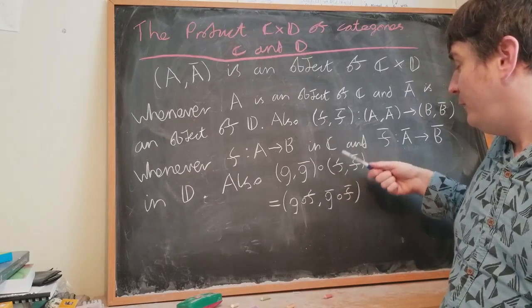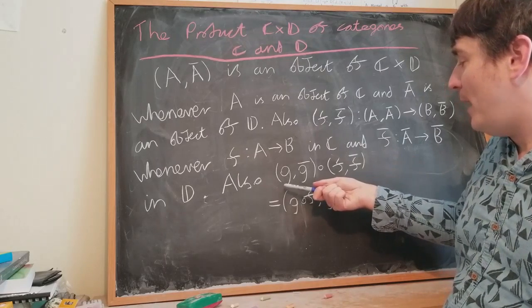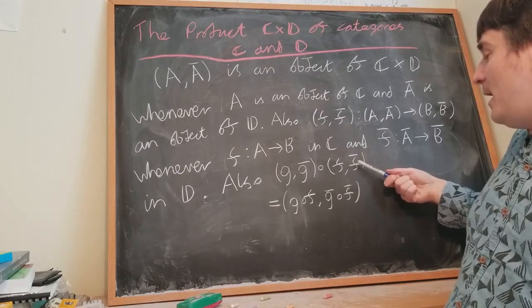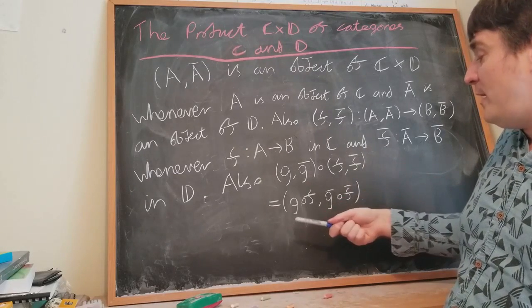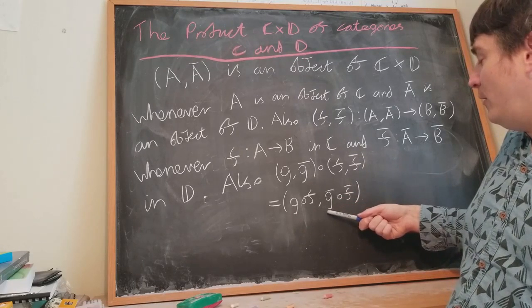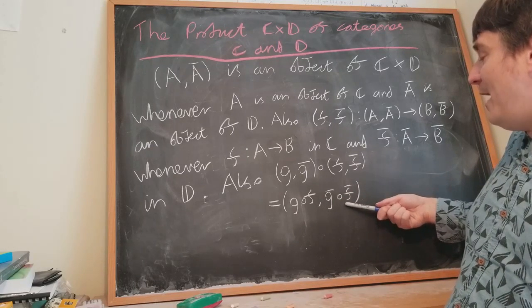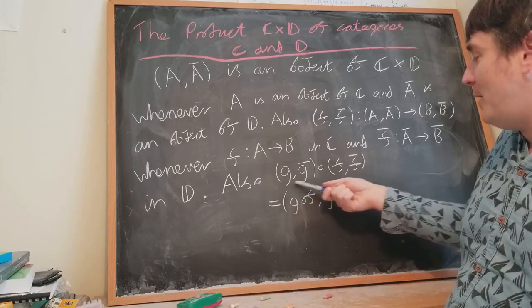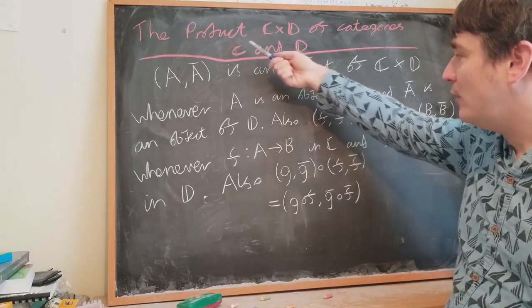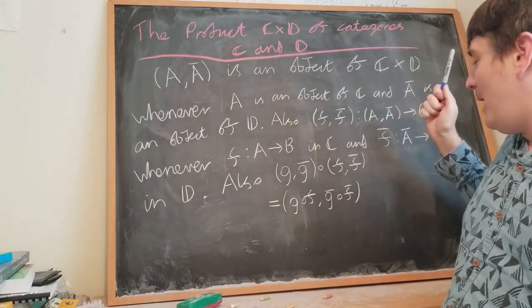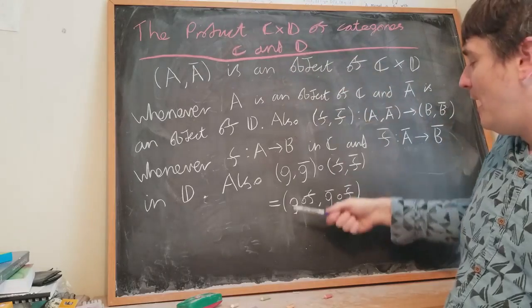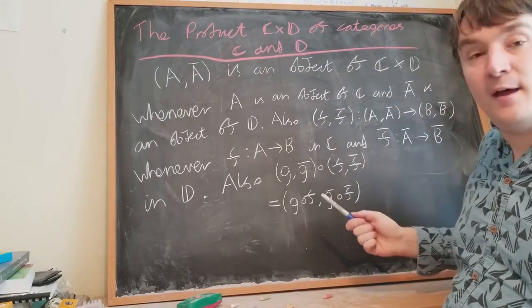So if we want to compose G comma G bar with F comma F bar, then the result is G after F, comma G bar after F bar. So to work out this composition, we just take the first components in the pair and compose them in C, and take the second components in the pair and compose them in D, and then just pair those results together.